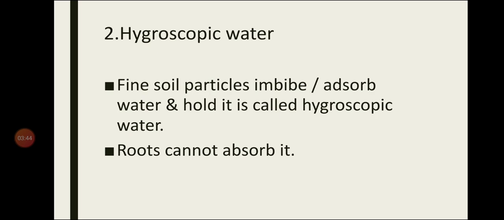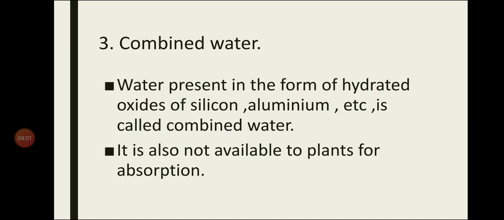They don't absorb, they just adsorb. That means the water remains on the soil particles. It is neither absorbed by soil particles nor by the roots. So such water is not available to roots for absorption.